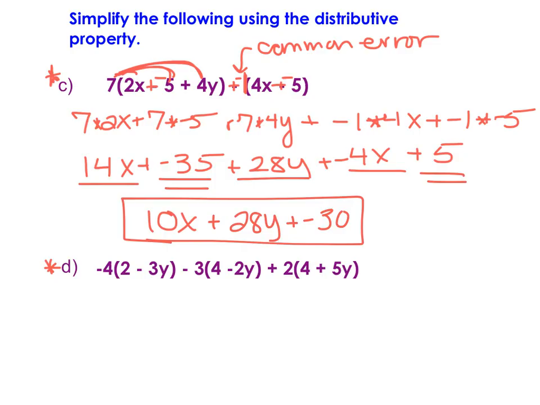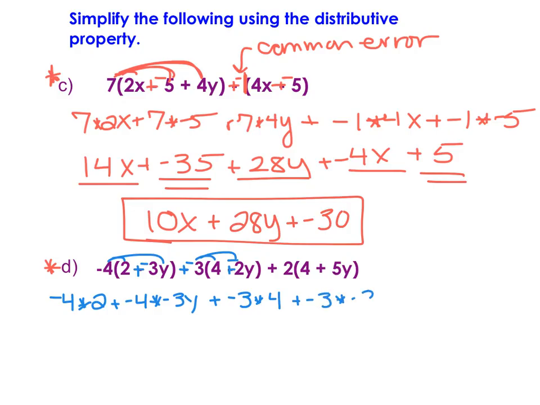All right, in this fourth distribution problem, if we have subtractions, let's change them all to be keep, change, change. And then we go through and we distribute one at a time. So we have negative 4 times 2 plus negative 4 times negative 3y plus negative 3 times 4, the second distribution, plus negative 3 times negative 2y.